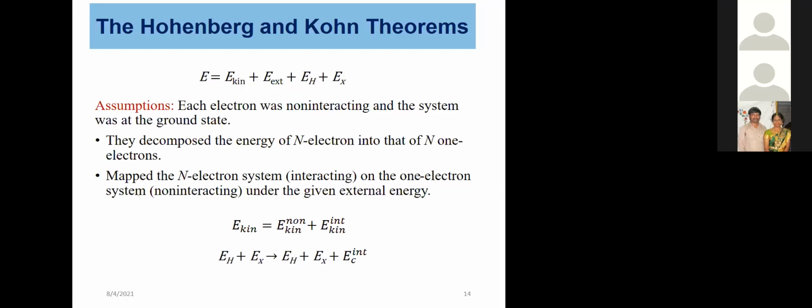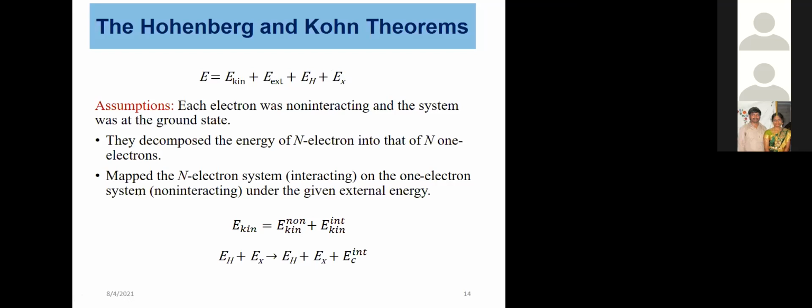In order to solve with the Hohenberg-Kohn theorem, there was an assumption that the n electron system will be decomposed into one electron systems, n number of times. So we will solve only a one electron system, n number of times, instead of solving an n electron system.